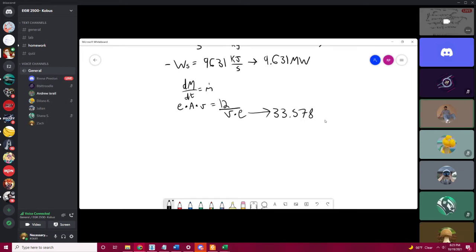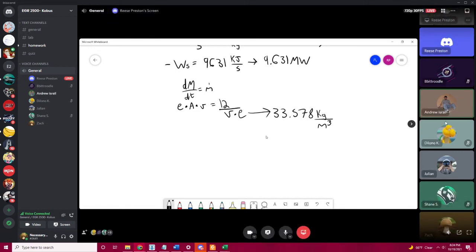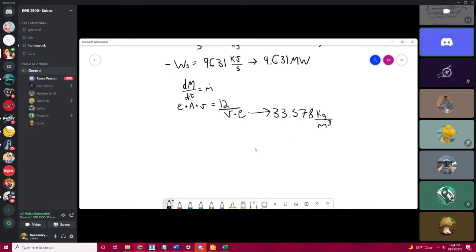Okay, so if you go to 450 Celsius and you go to that pressure value, it tells you right there. And I'm assuming it's kilograms per meter cubed. Yeah, they are. Okay. So we're done with this part.